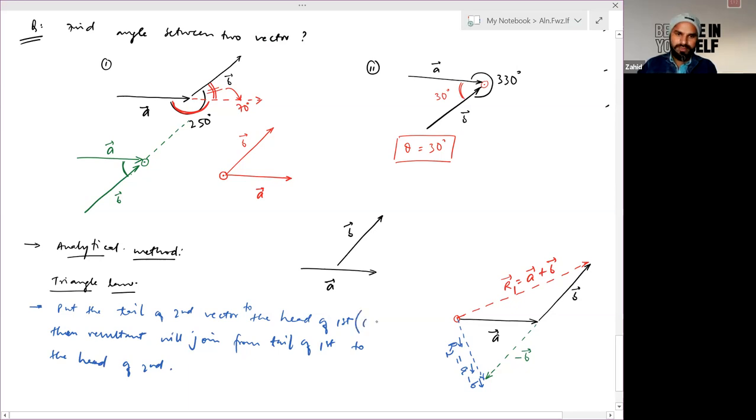So this arrangement is also termed as consecutive vector.